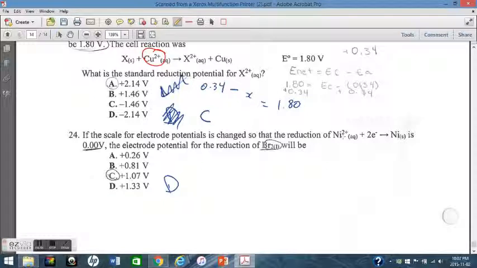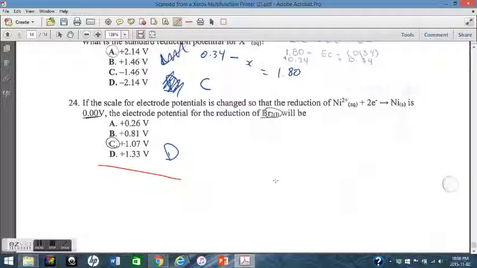Right now, hydrogen is 0, so you'd say bromine minus hydrogen would be 1.07. And then when we get to the second one here, we're saying no, it's actually going to be bromine now minus the nickel one, and you end up with 1.33.